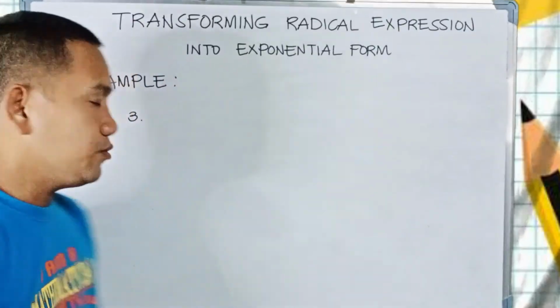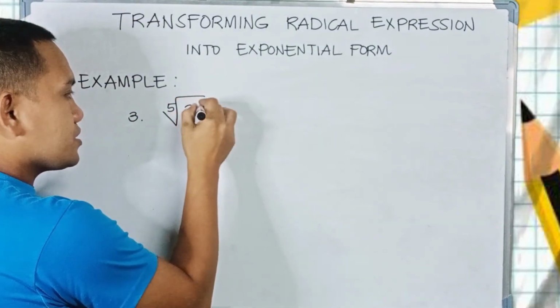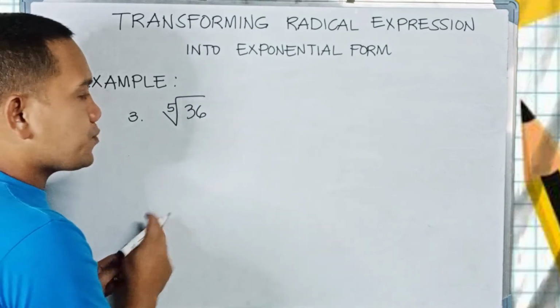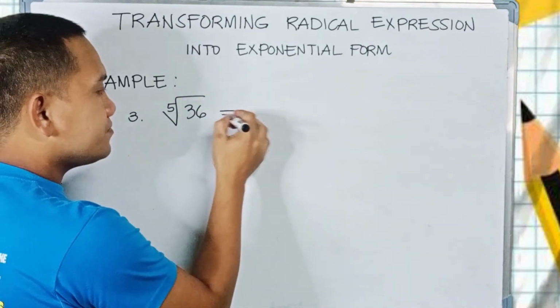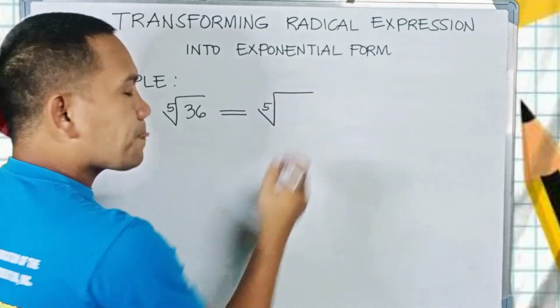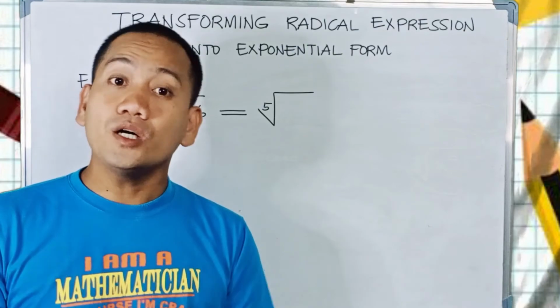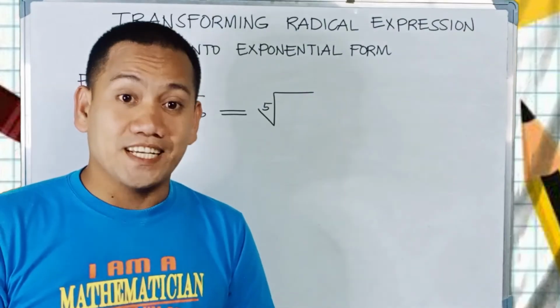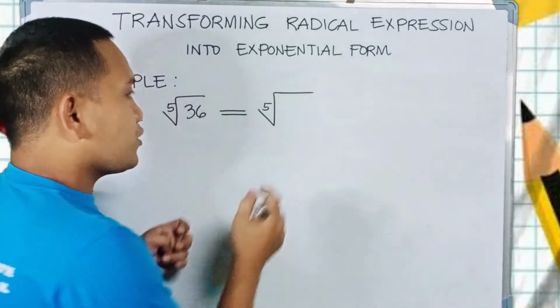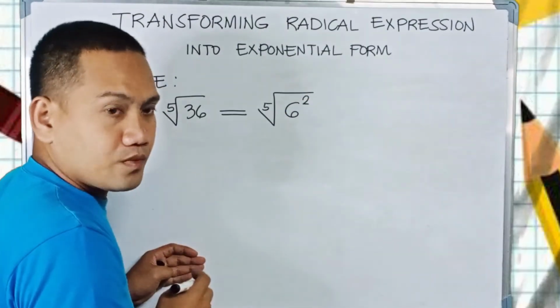Let's have the third one. We have fifth root of 36. So writing this one into exponential form, we will have first, 36 is a perfect square. So it is a result when we square 6. So 36 in exponential form is 6 squared.